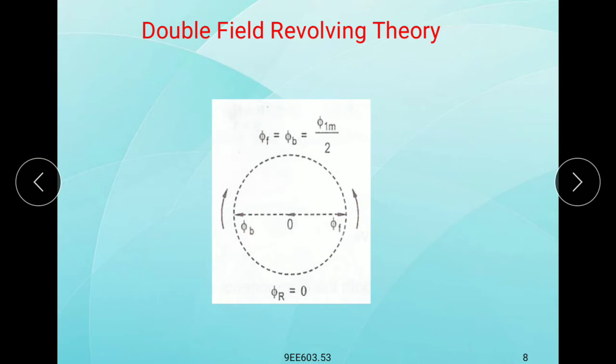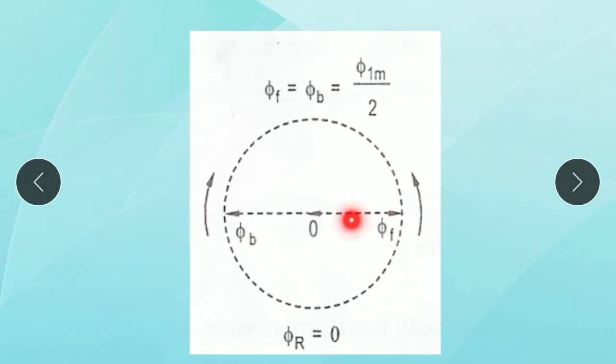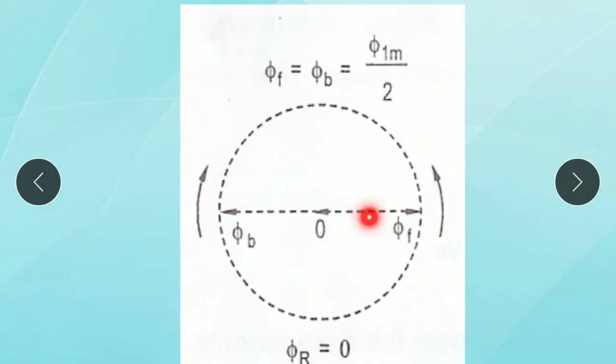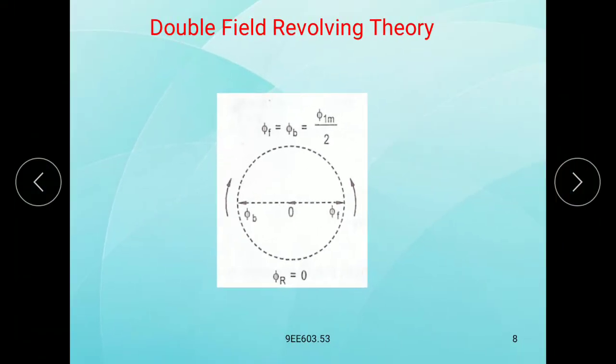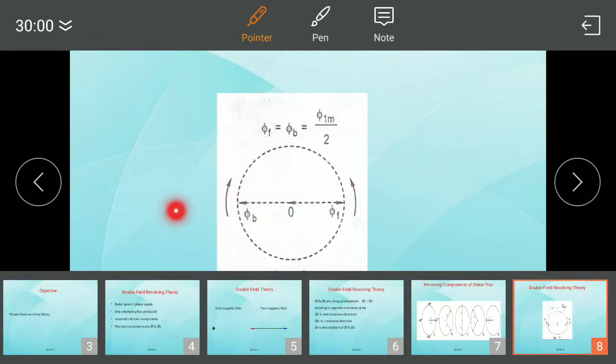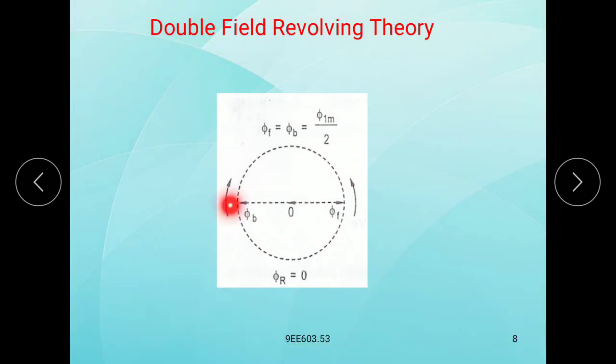This is the forward flux, and its direction is anti-clockwise. This is the backward flux, and its direction is clockwise.